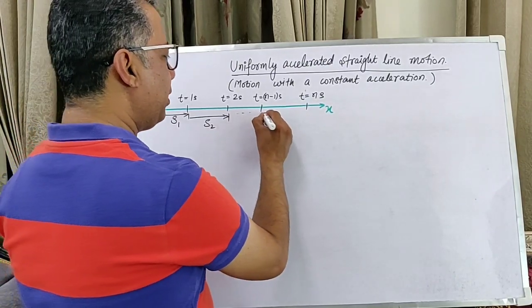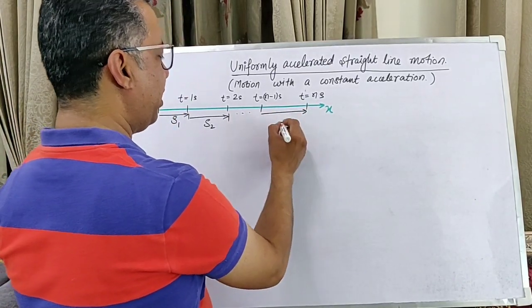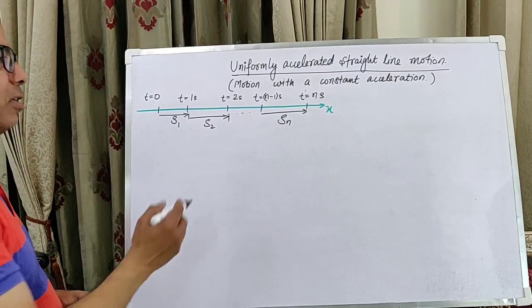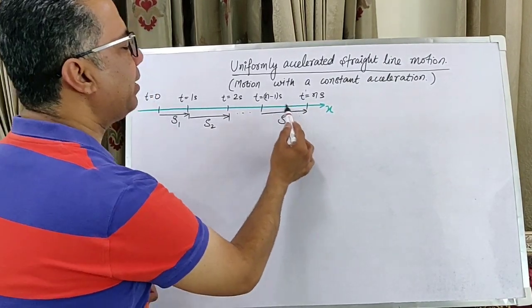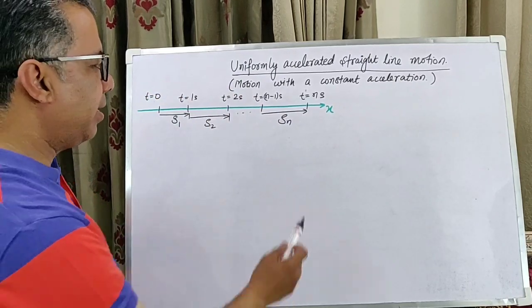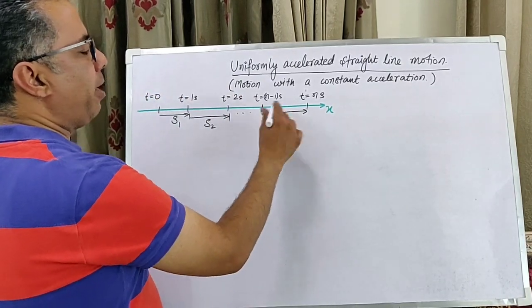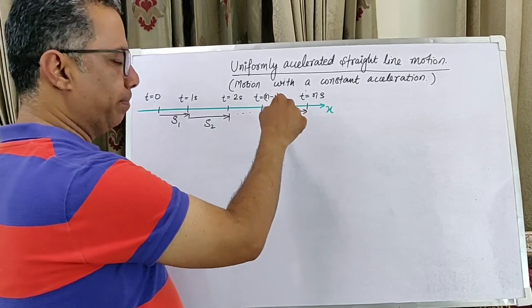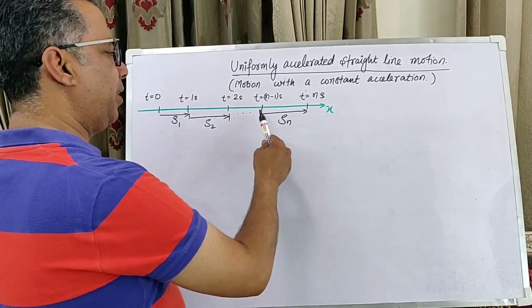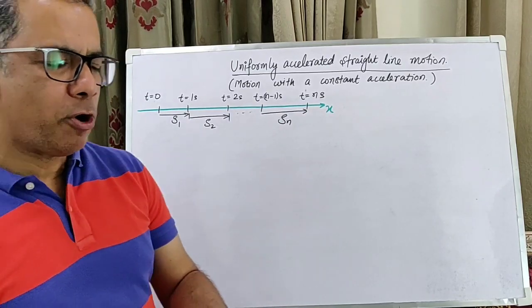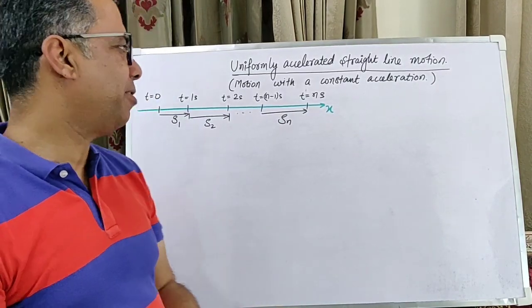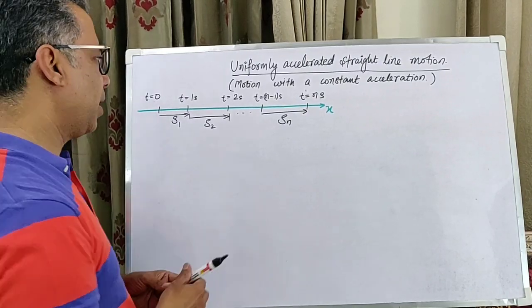Now this displacement during this 1 second interval is called Sn, or the displacement during the nth 1 second interval. So we are looking for a result for making a calculation of Sn. So Sn is the displacement during the nth 1 second interval of the motion.